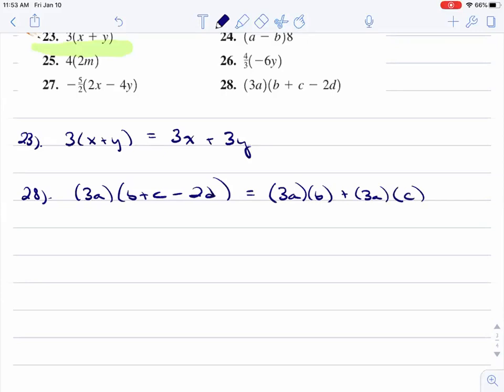minus, that's good if you're being careful. But what I probably would do, just to recommend, if you went straight for the minus, then that's really good. But to keep the same, see here, I ran out of room, plus, I'll do the 3a times negative 2d, right? Because then I can do plus, plus, plus, plus, plus, right? And then just keep that 2d negative for when I multiply it, right?